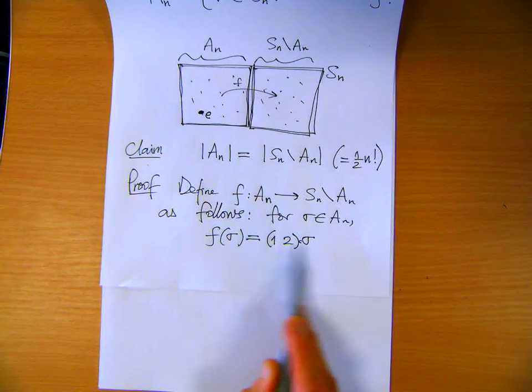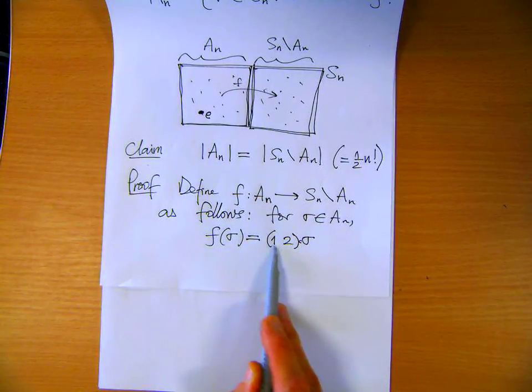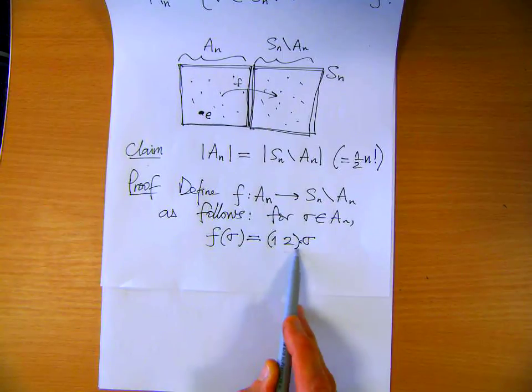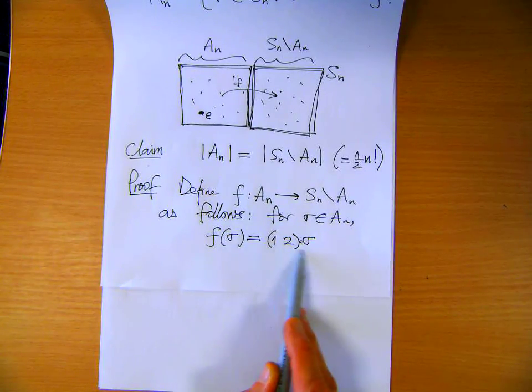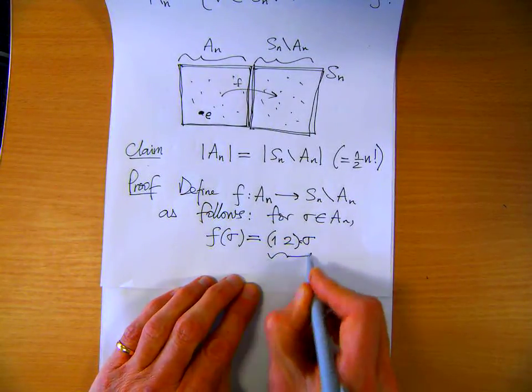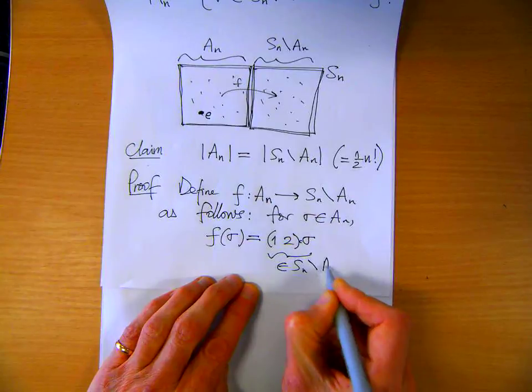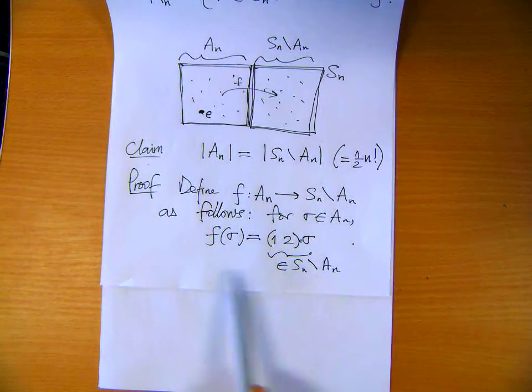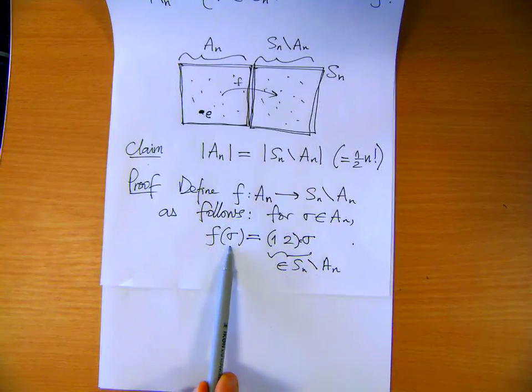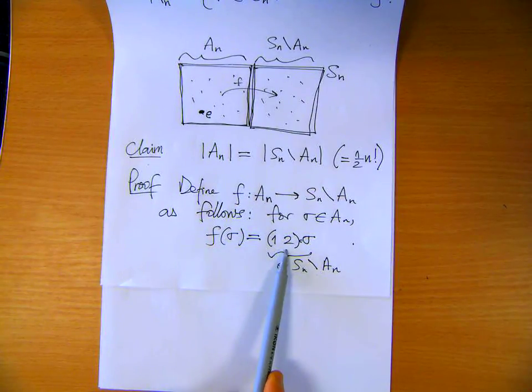The permutation on the right must be odd, because if sigma can be written as the product of an even number of transpositions, another factor of a transposition will change the even to odd, because I'm adding 1 to an even number, so that's going to be an odd number. So this indeed is in Sn minus An. Okay? So that definition does make sense. For every even permutation, the thing on the right is an odd permutation.